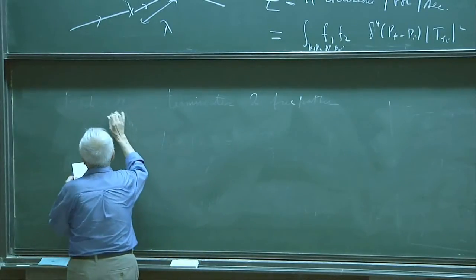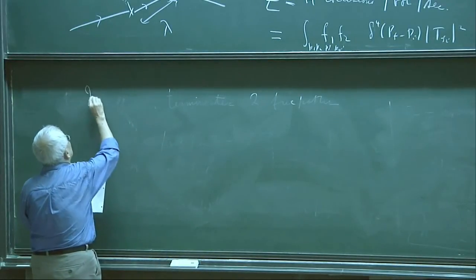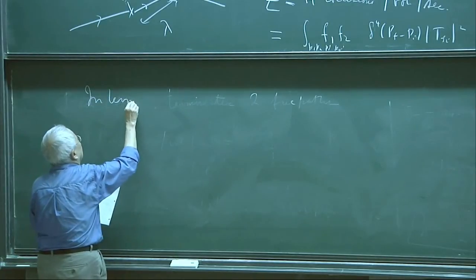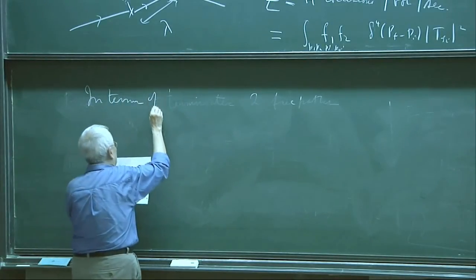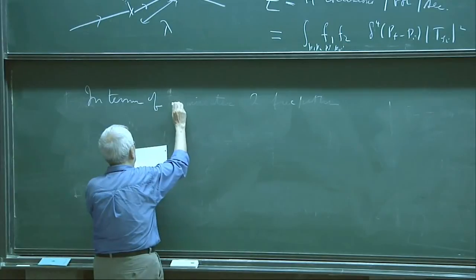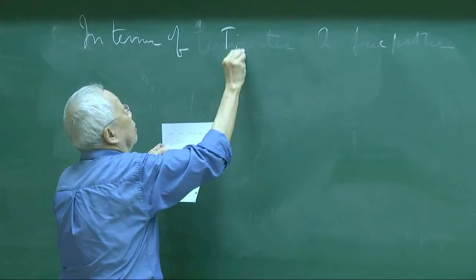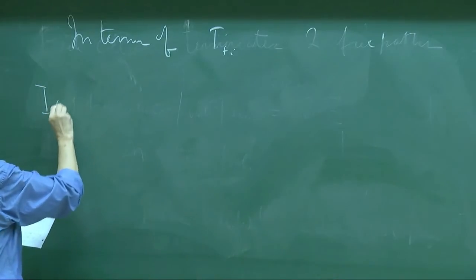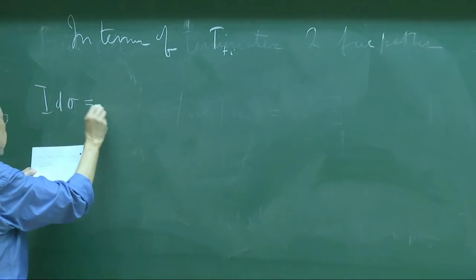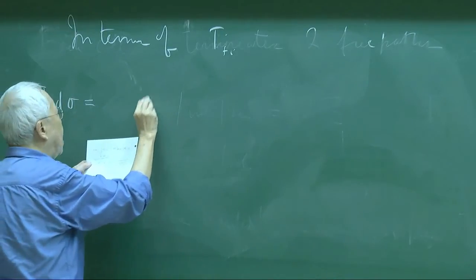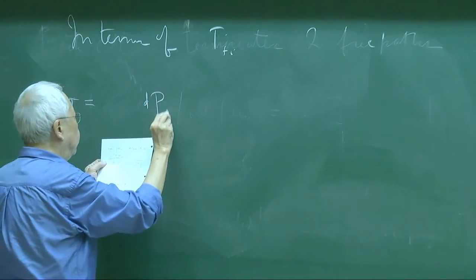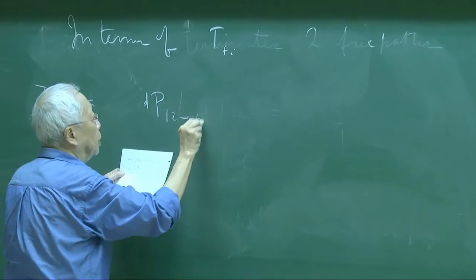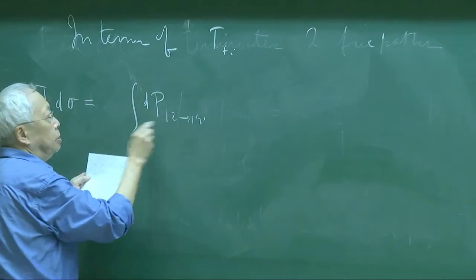So in terms of TIF, etc., I dσ is given by the differential probability of 1, 2 to 1 prime, 2 prime. I think I've used this notation before.